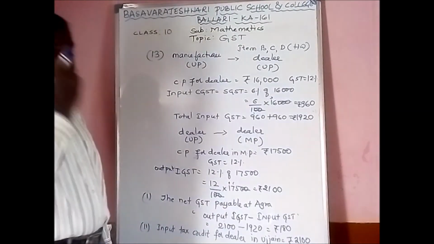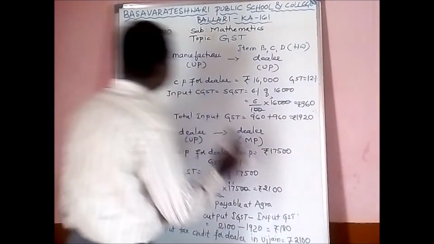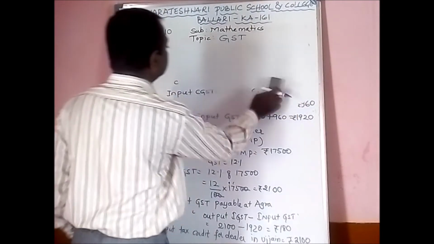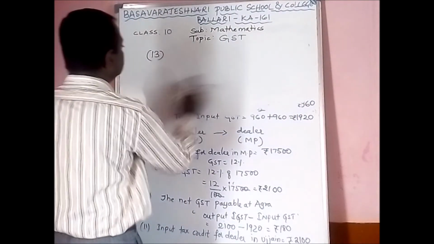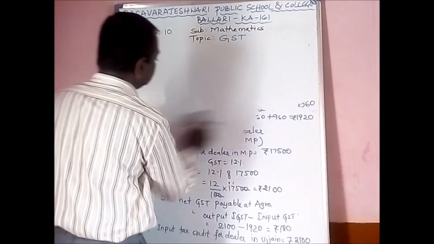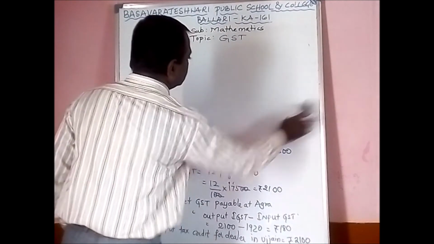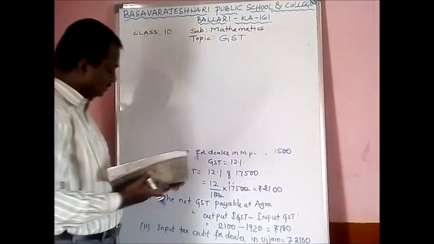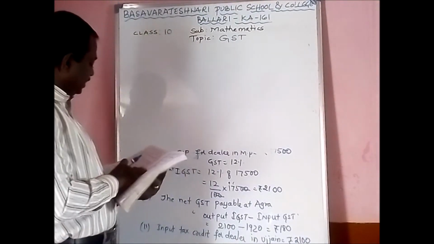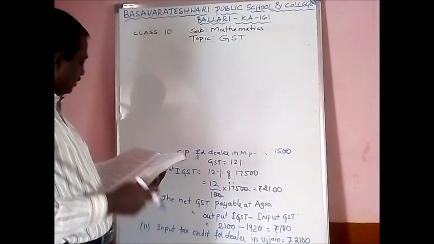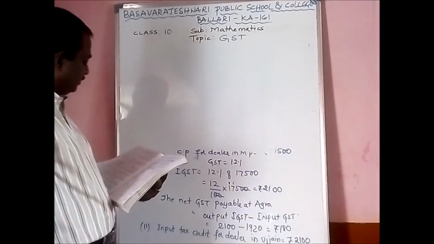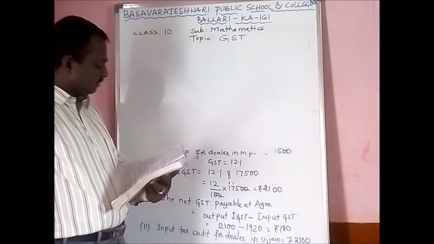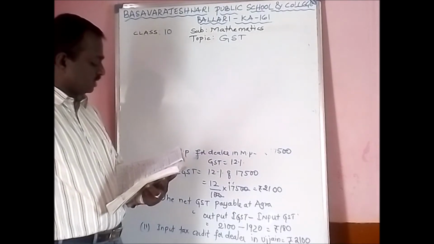Now we'll move on to the next question, the 14th question. What does the 14th question say? In the GST chain, dealer Shah purchases an article for rupees 50,000 and supplies it to another dealer, Mr. Paresh, at a profit of 6,000.